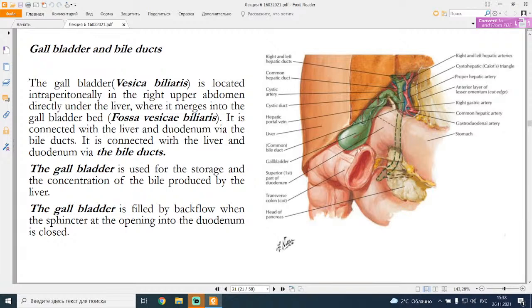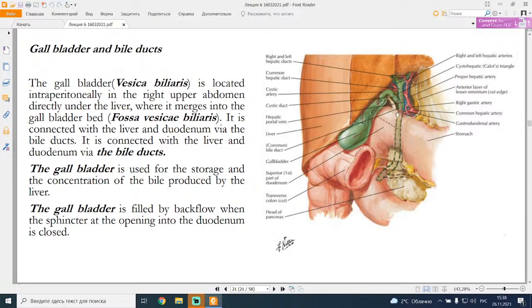This is the fossa vesicae biliaris. It is connected with the liver and duodenum via the bile duct.